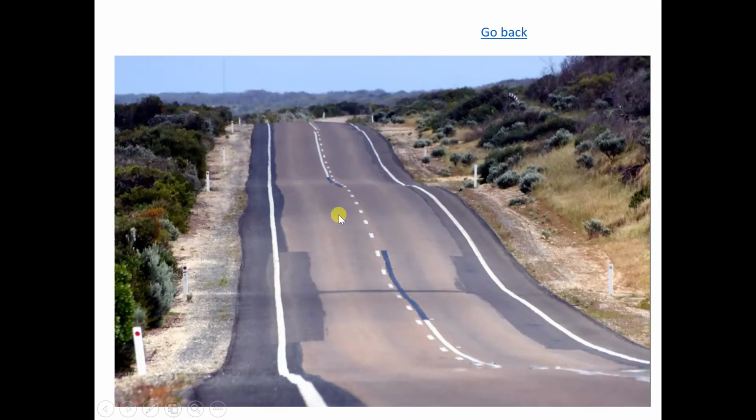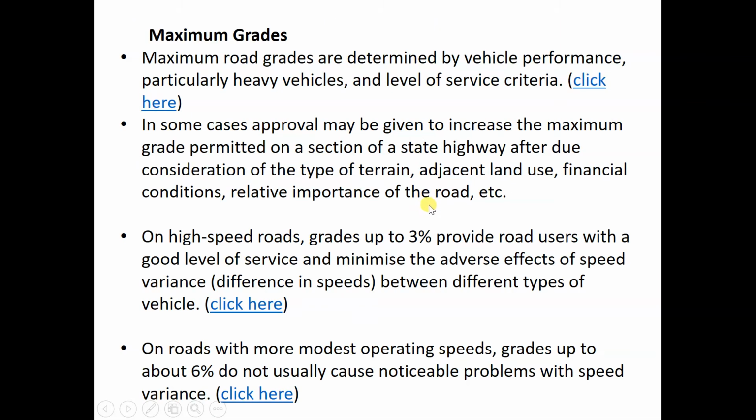It gives people the impression that there might be some structural problem with the road. Maybe a certain part of the road has excessive consolidation, or is sinking. So the appearance is not nice as well. Maximum grades.